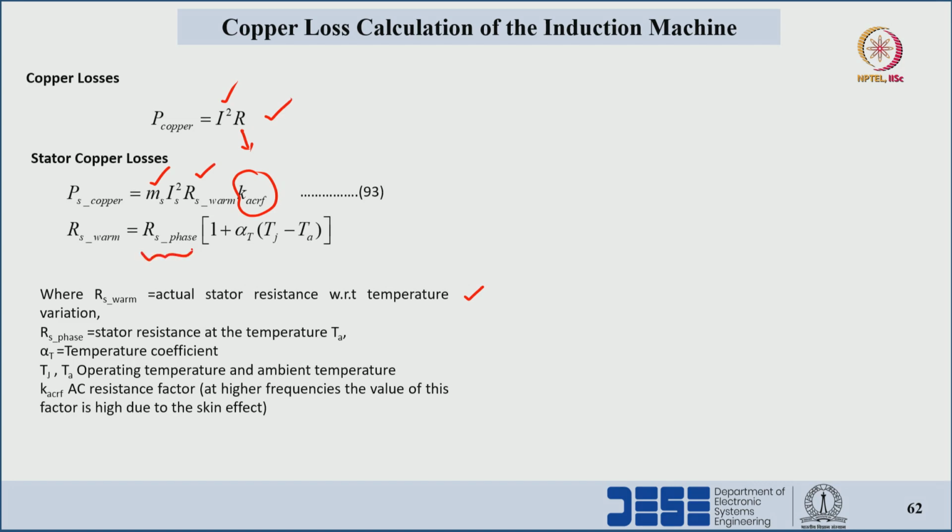RS phase is the actual resistance of the stator phase at the ambient temperature. Then Tj and Ta are the operating temperature of the machine as well as the ambient temperature. With respect to the temperature variation, the resistance of the stator winding will vary, so that resistance we have to consider to calculate the stator copper loss.